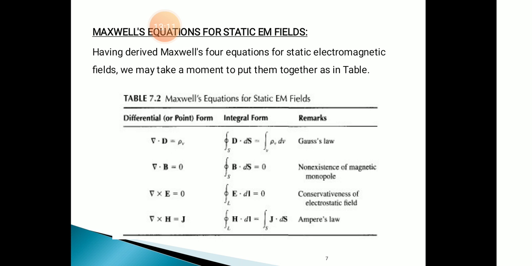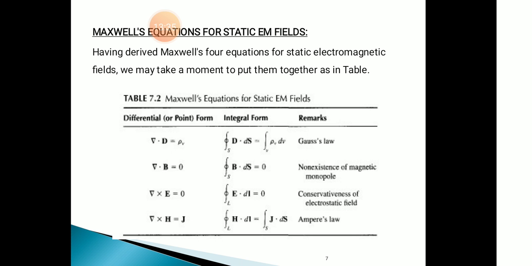Similarly, the integral form is the closed integral over the surface of B dot dS equal to 0. Third, del cross E is equal to 0, meaning the conservativeness of electrostatic fields. You have to understand this one. The second one is also derived from Gauss law for magnetostatic fields.